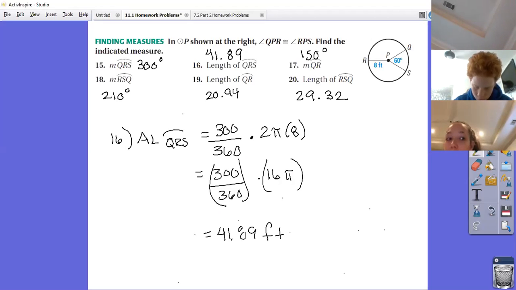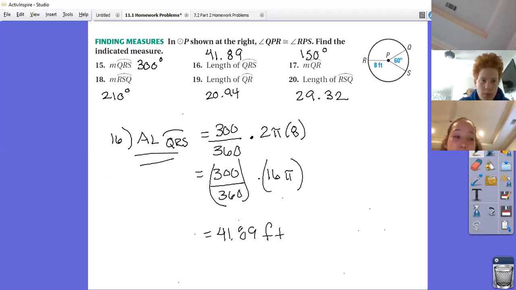Miss Witcher, do you want us to use that formula or the other one, the length over? You can use this for arc length, but you can use either one because they're the same. They're just manipulated a little bit differently. One of them has the arc length divided by the circumference, and this one, because I'm trying to solve for arc length, is more direct.